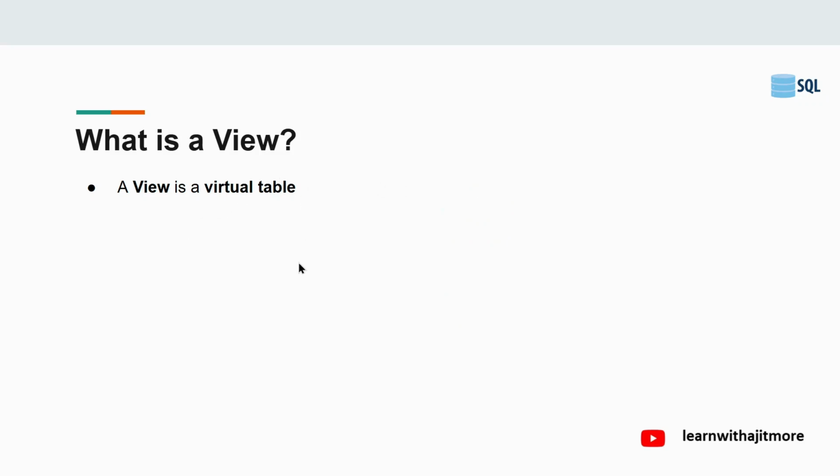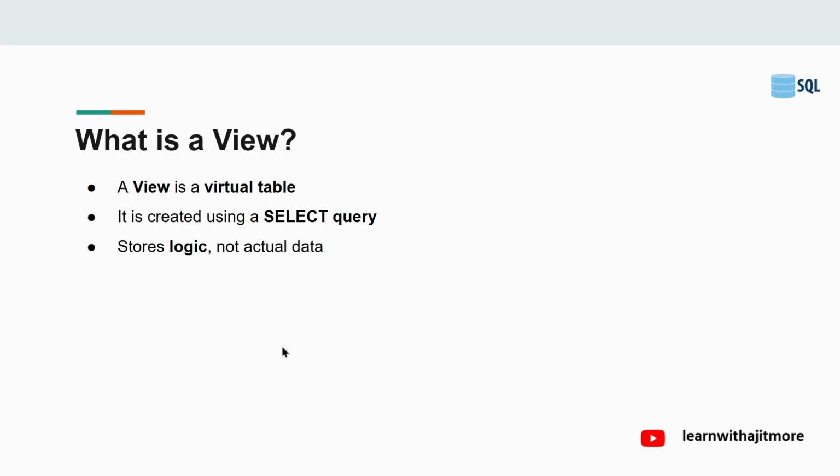So a view is a virtual table. It is created using a select query, and it doesn't store records. It is not actually storing records. It only stores the query. It stores logic, not actual data.